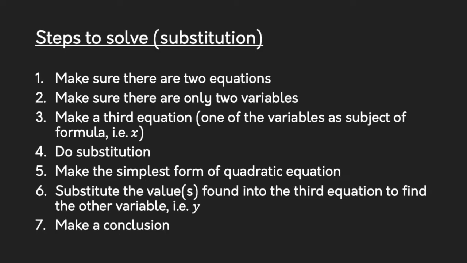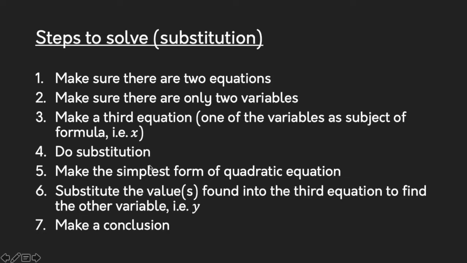After that, we'll solve the equation that we have just made by substitution, and make it into the simplest form of a quadratic equation, which is ax squared plus bx plus c. Then we'll substitute the values found into the third equation.